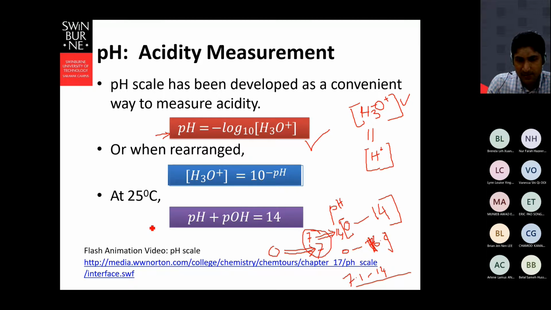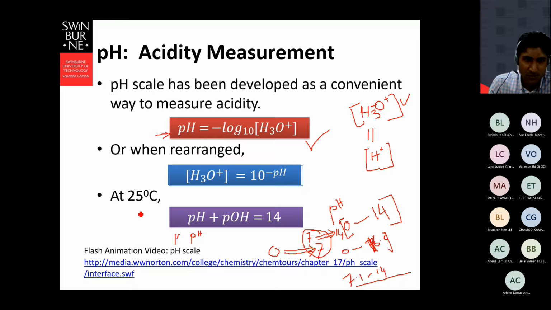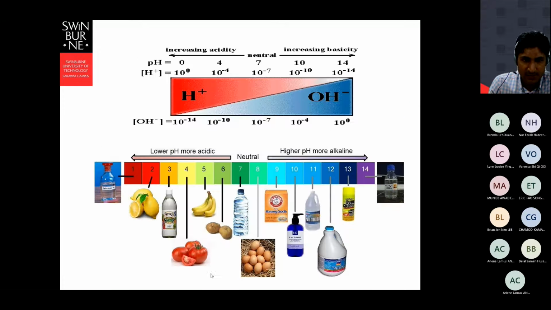And 7 is the perfect neutral at normal temperature. So pH plus pOH is equal to 14, right? From this equation, if we know the pH of the solution, we can find the pOH as well. Just 14 minus pH should be the pOH, or vice versa, just arithmetic.